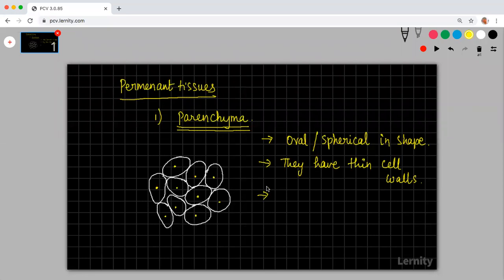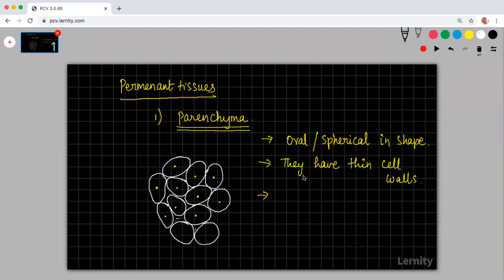What are you able to see? Do they have space in between them or not? They have intercellular spaces. If I draw the next one, what is this area in between? This area in between, this area in between.